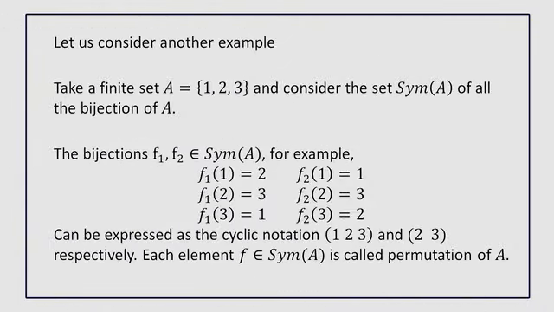Now let us consider another example. If we take a finite set A that has 3 elements 1, 2 and 3, now consider the symmetry set of A. It contains all the bijections of A. Now if we take 2 bijections F1 and F2 of the symmetry of A, and suppose F1 takes 1 to 2, F1 takes 2 to 3 and F1 takes 3 to 1.